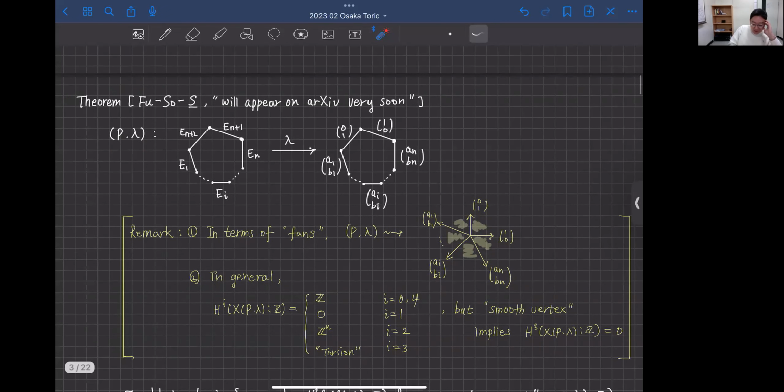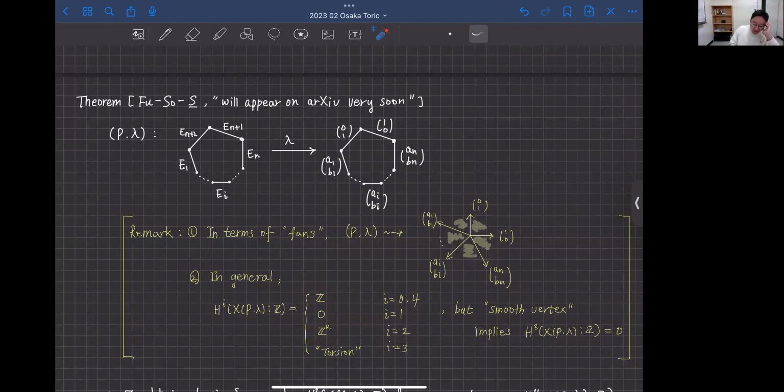Also, a second remark: in general, whatever the toric surface is, each cohomology group is given by Z in degrees 0 and 4, it is simply connected so degree 1 vanishes, and in degree 2 it is free of rank n, where n is the number of edges minus 2.